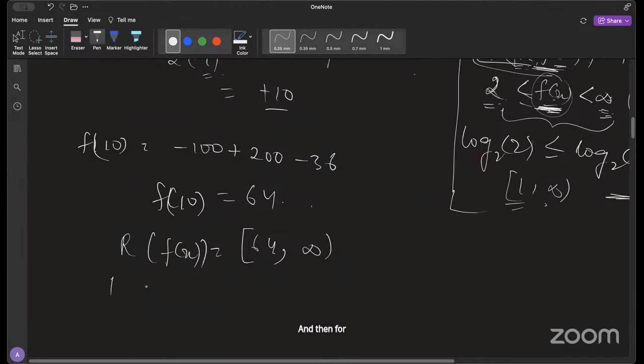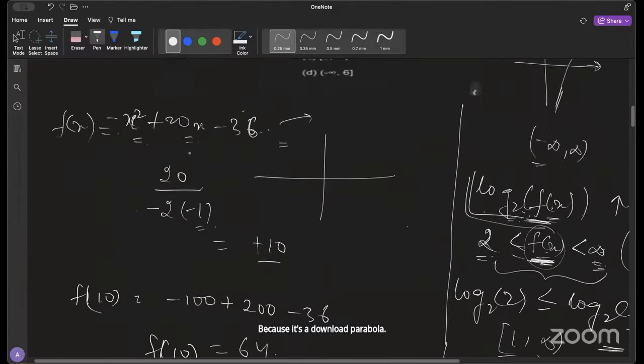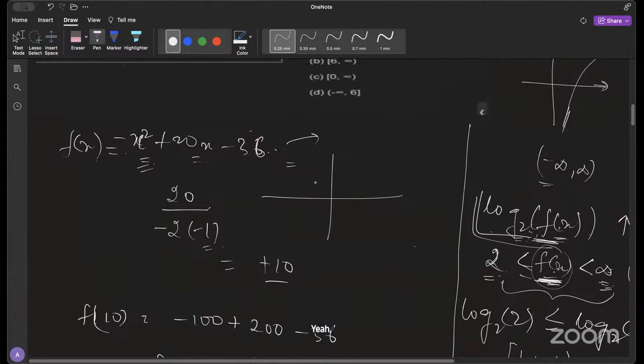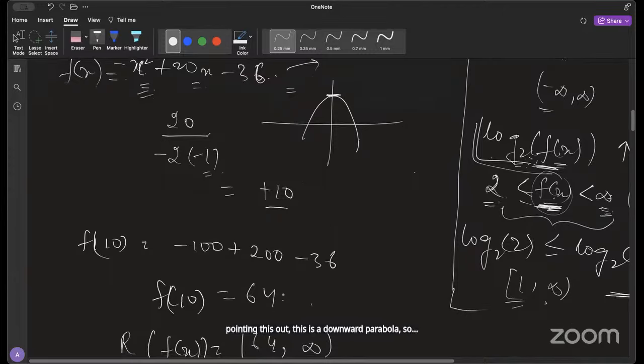Then for the range of log base 2 of f(x), you should take log base 2 of 64. f of 10 is equal to 64 is the max value, because it's a downward parabola, thanks for pointing this out, with minus x square. So it's minus infinity to 64.